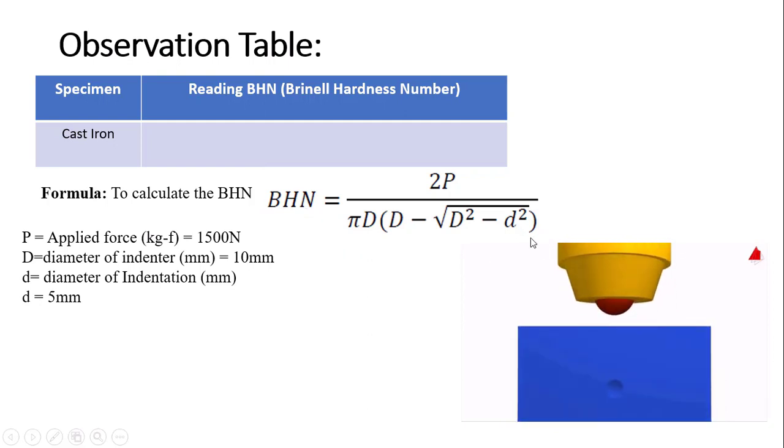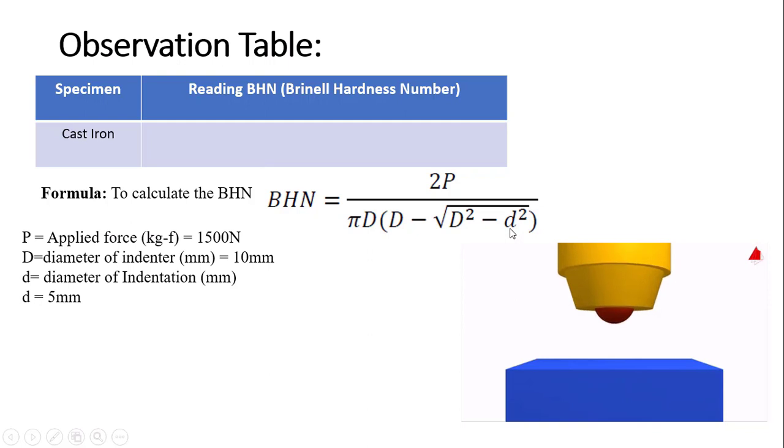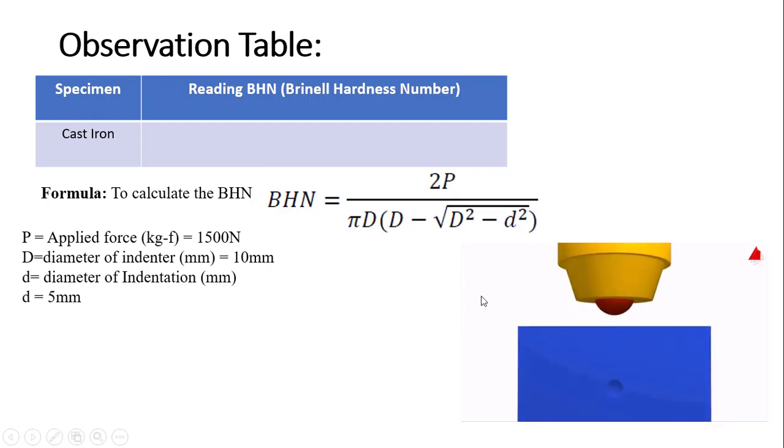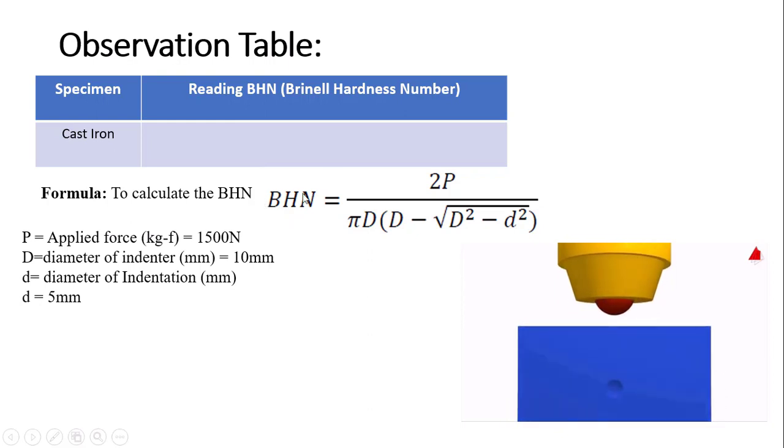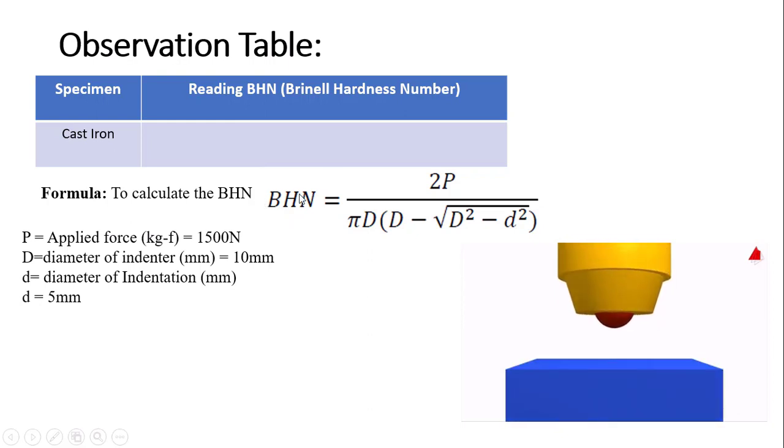It means if this diameter increases, your ball is getting more into the surface of the material, correct? It means your material is less hardened or a softer material. If the diameter gets decreased, then the Brinell hardness number will get increased. It means the hardness of the material is more, correct?